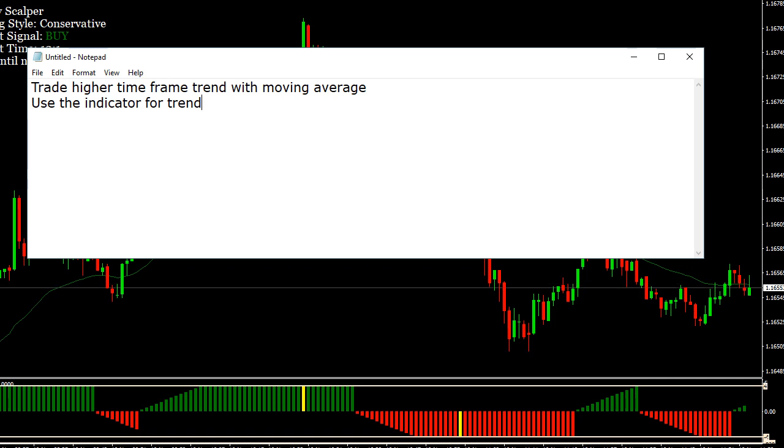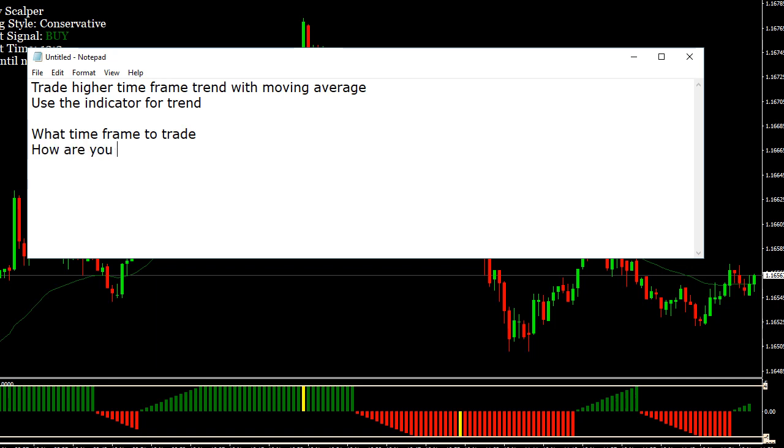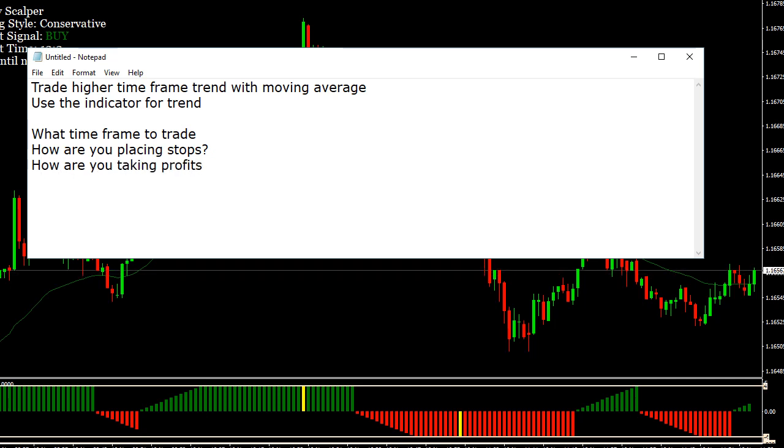So, for example, if the 5-minute chart is showing all red to the downside, you only take shorts on the 1-minute chart. You definitely want to decide what time frame you're trading. That's important. How are you placing stops? How are you taking profits? You certainly want to understand all of that.